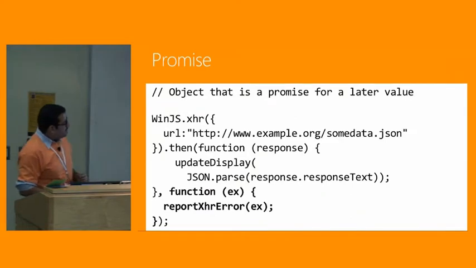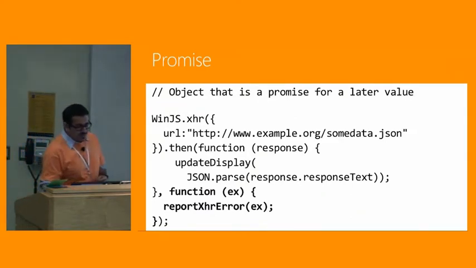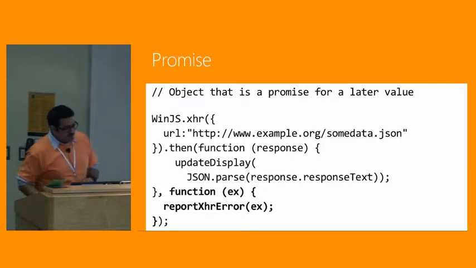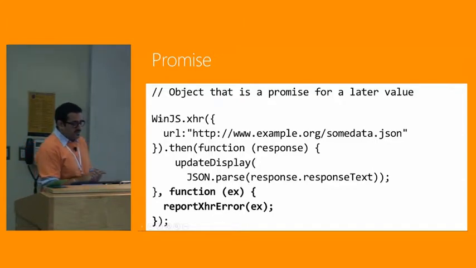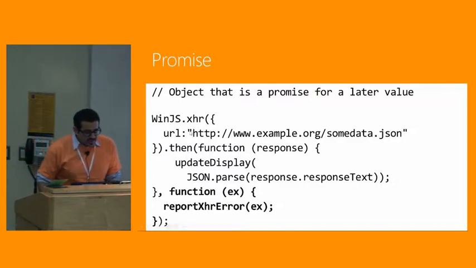Here's a little example of a code snippet. It's cutting off at the bottom, but really there's just a closing brace on that line. So you can see here, the namespace WinJS basically facilitates my use of XHR. I can give it a URL that I want to hit. This happens to be a JSON web service request, and when that returns, I can do something with the response.